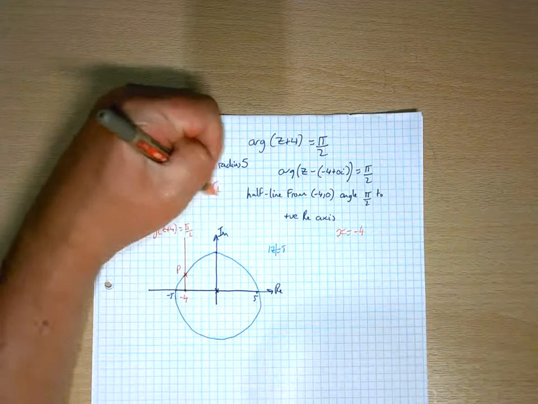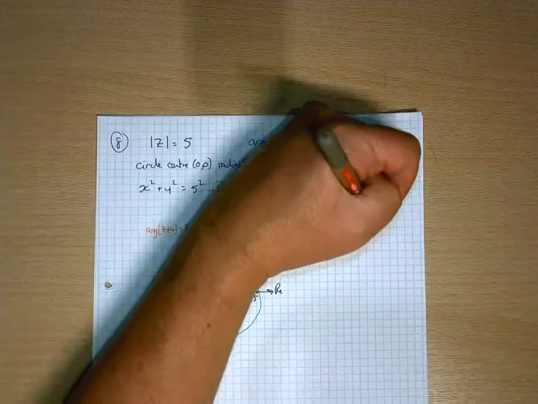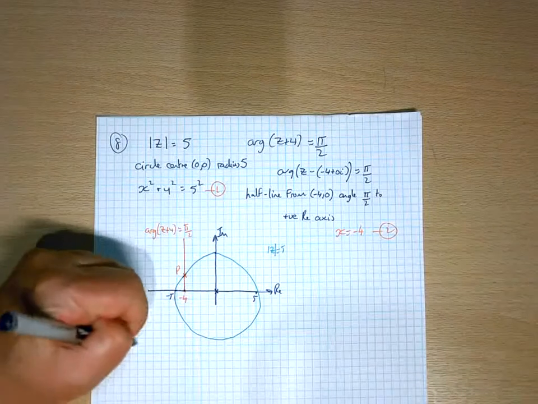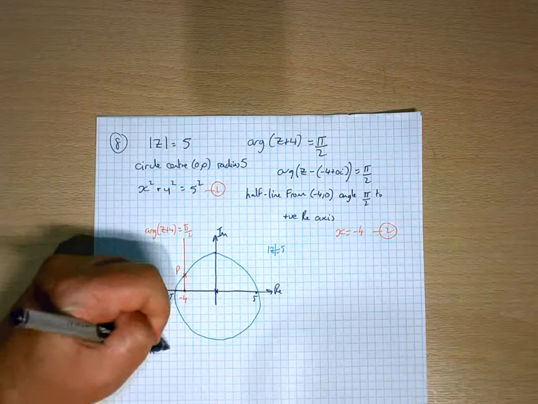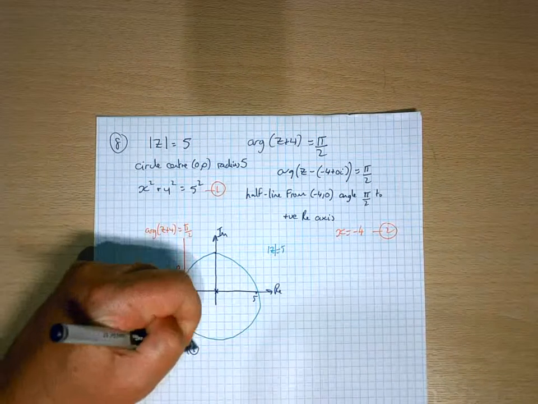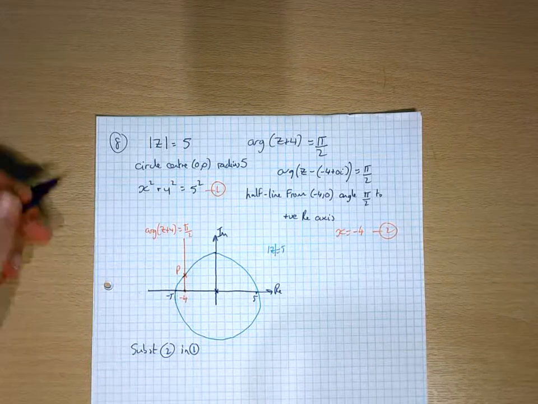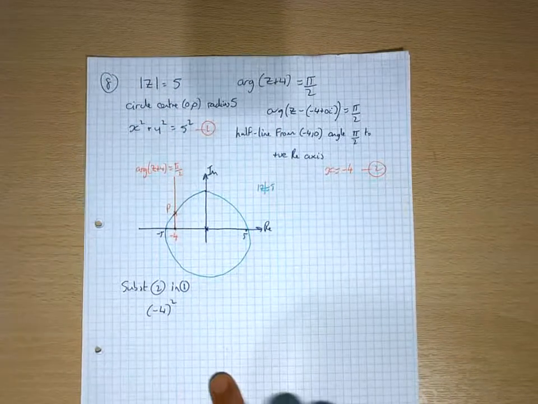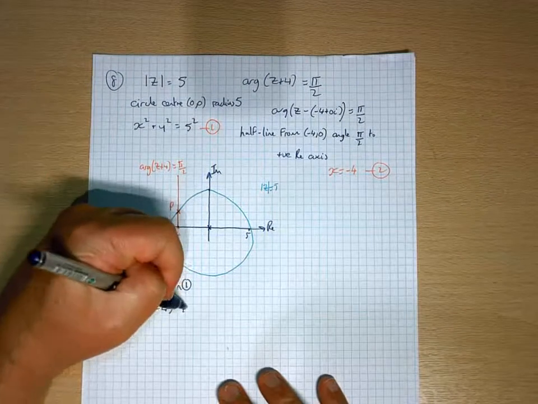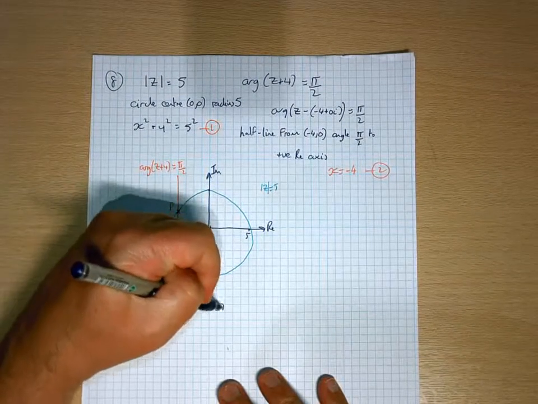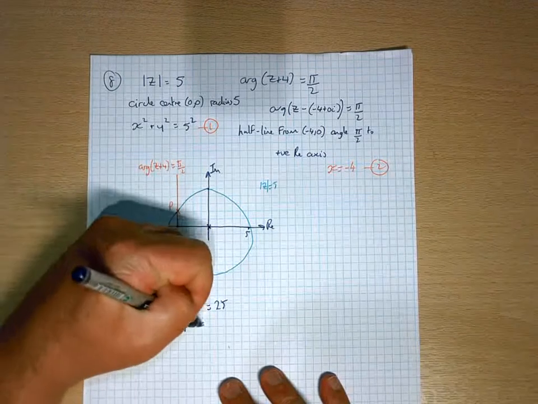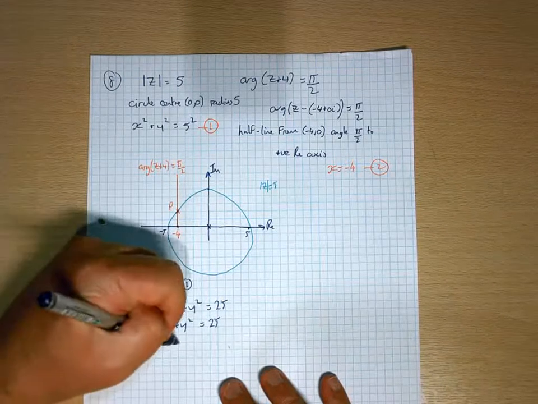So if I call that equation 1 and I call that equation 2, then what we do now is substitute equation 2 into equation 1. So we get minus 4 squared plus y squared equals 25.